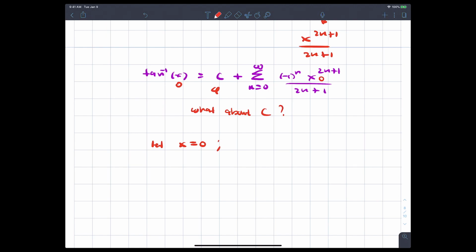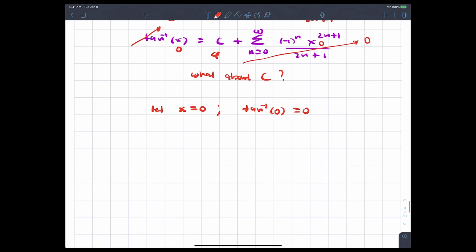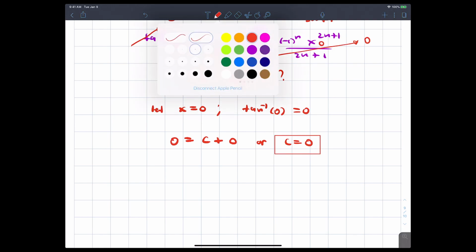Notice what happens. We know that the inverse tangent of 0 is actually 0. So this portion becomes 0 here. And in fact, if your variable x is 0, any power makes it 0 as well. So this portion also becomes 0. So what we have here is that 0 is actually c plus 0, or the value of c, the constant, is 0.